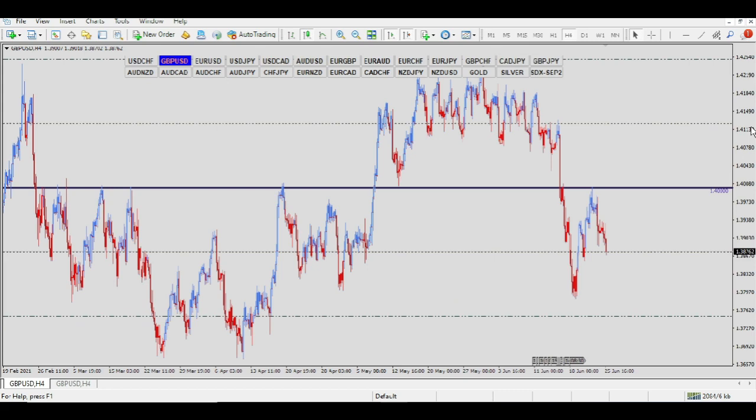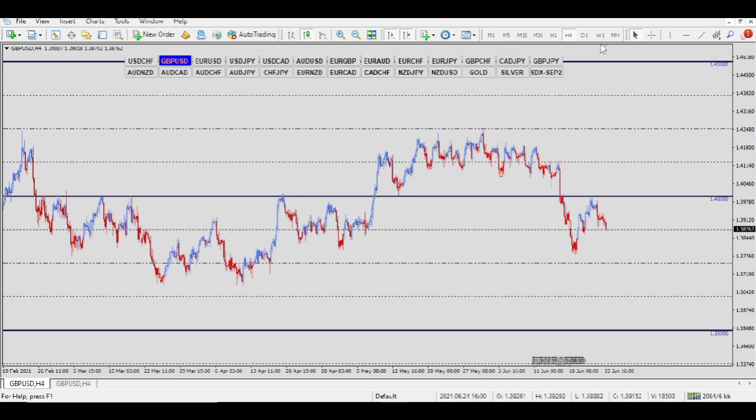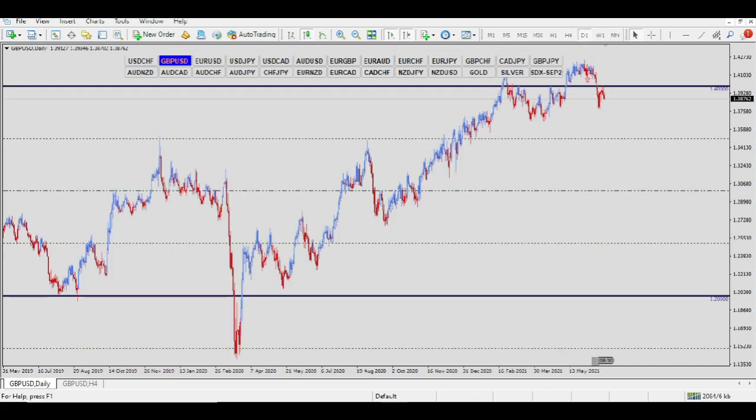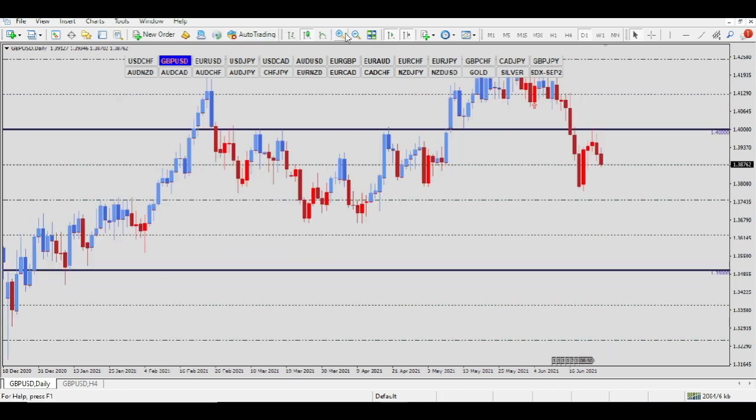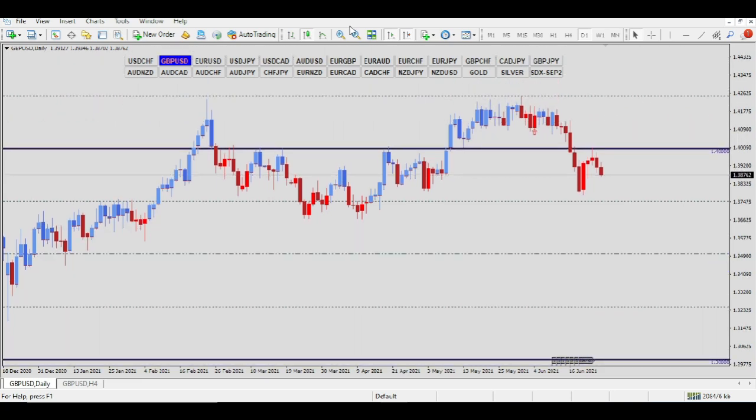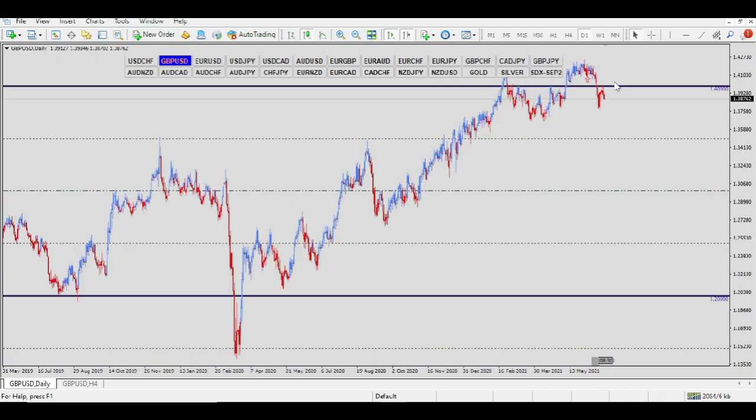So what am I expecting now that this is my picture on dollar index? If we go down to GBP USD, you can see what's happening. We were at a psychological level, 1.40 whatever, how many zeros are there, and we touched it and we are going down on GBP USD.